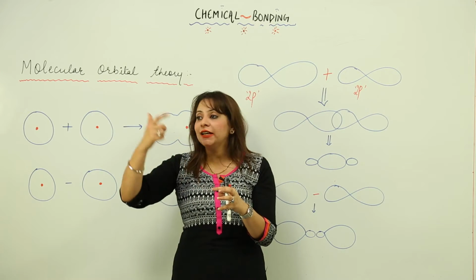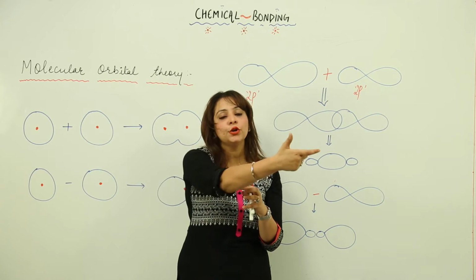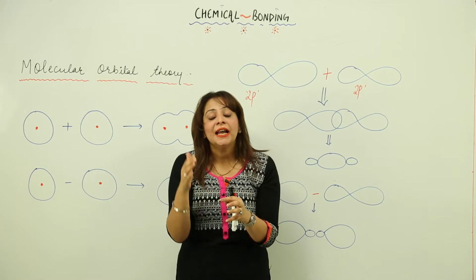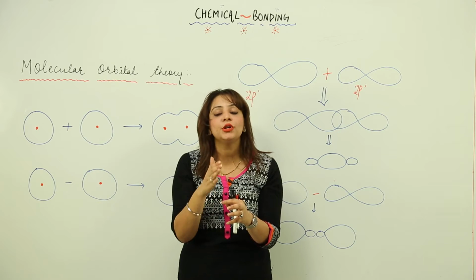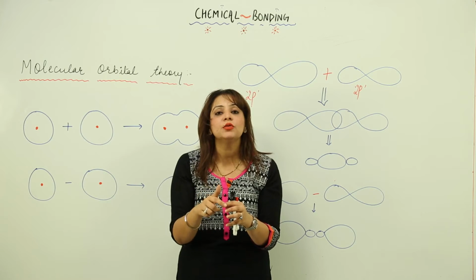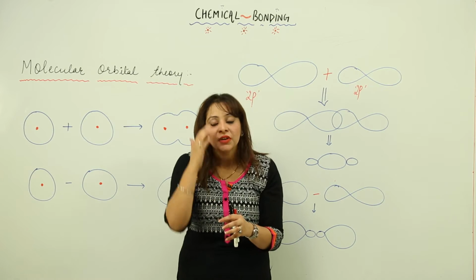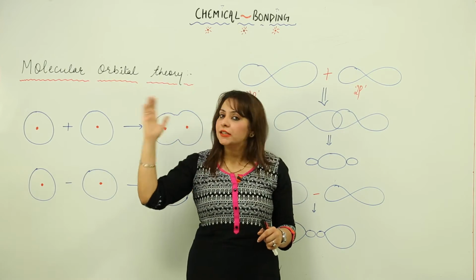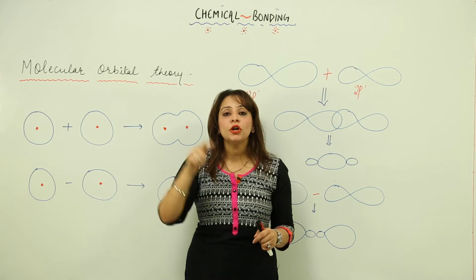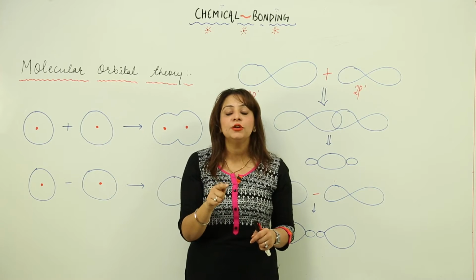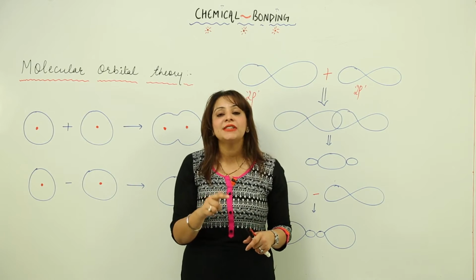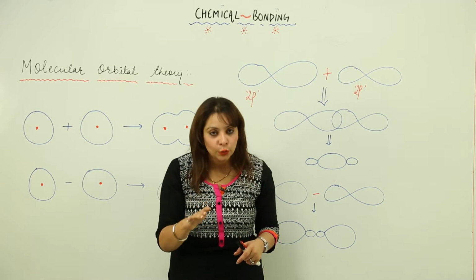The electrons of the atomic orbital now enter into a molecule. And here we don't use the word atomic orbital, we use the word molecular orbital. So when we talk about atoms, we say electrons are present in atomic orbitals, but a molecule is formed by combination of atomic orbitals, so when we talk of molecules, we say that electrons are in molecular orbitals.